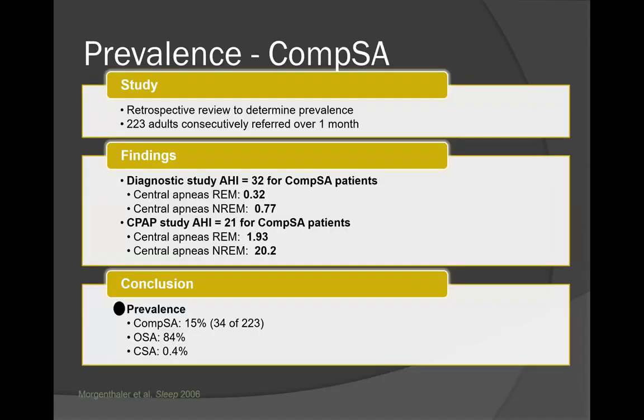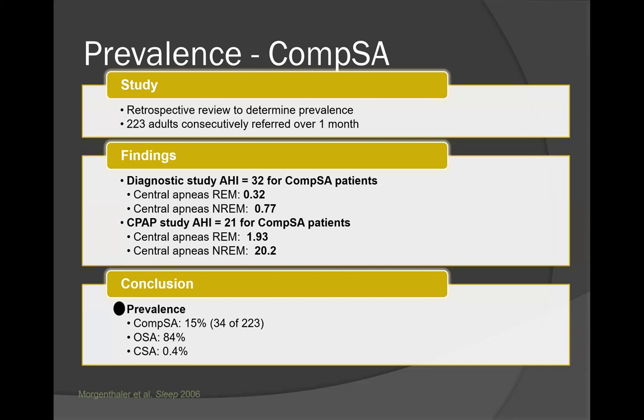Now, talking about a couple of studies. This one study had 223 adults consecutively referred over 1 month. Diagnostic AHI was 32. Central apneas in REM was only 0.32. In non-REM it is 0.77. So it's very negligible.